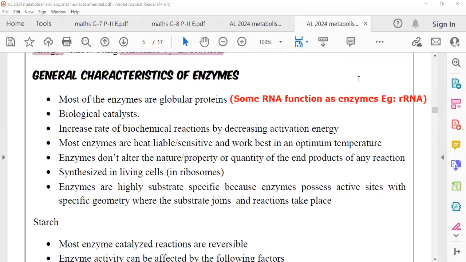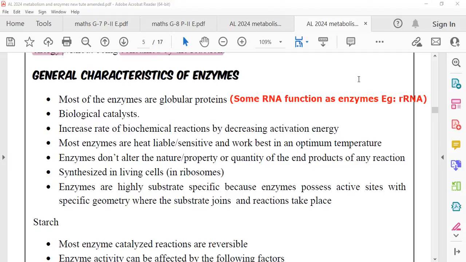Sensitive. Now, if the enzyme is protein, remember, enzymes can be protein, enzymes can be RNA. Proteins are denatured by heat. Do you know that one? Yes, sir. So heating can denature an enzyme.